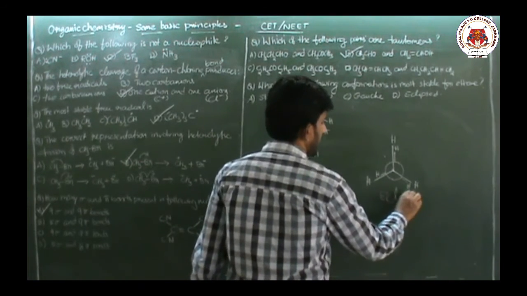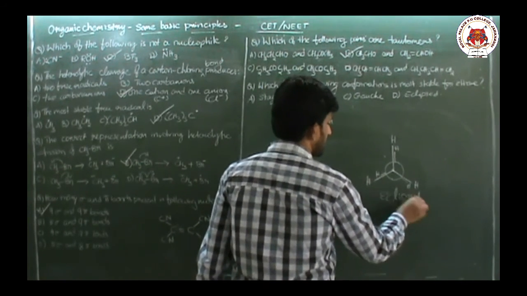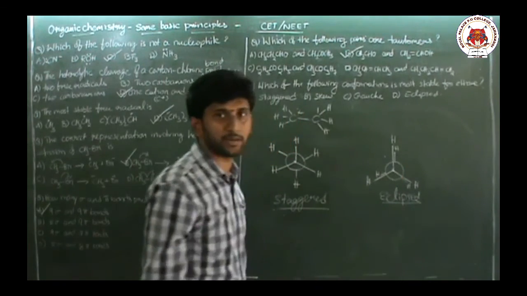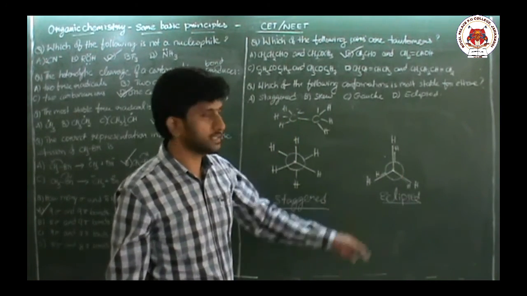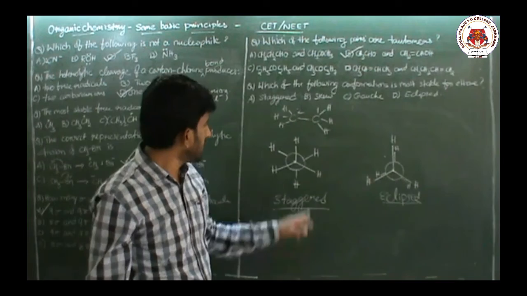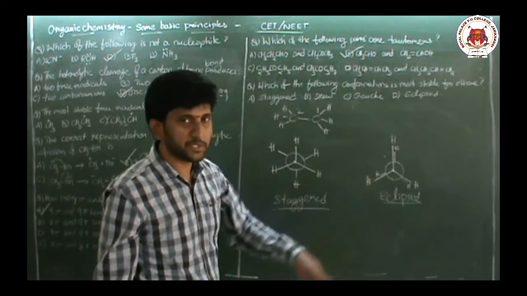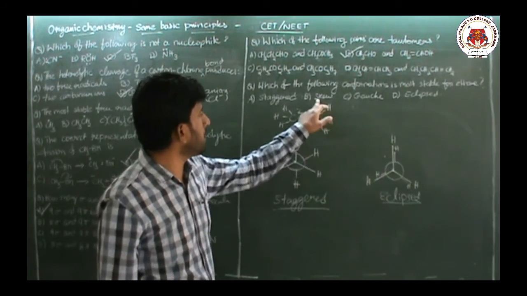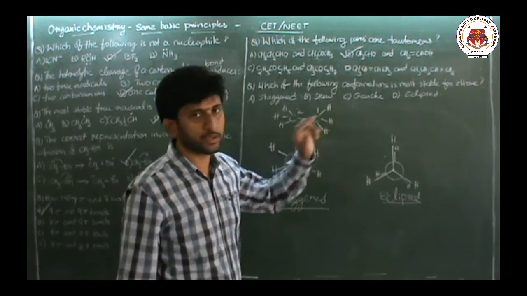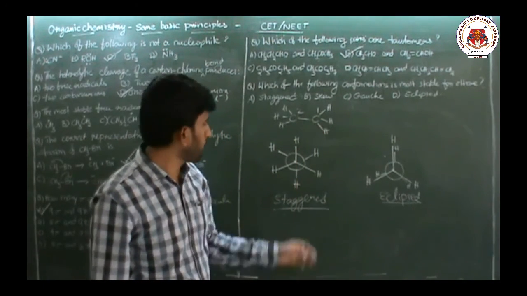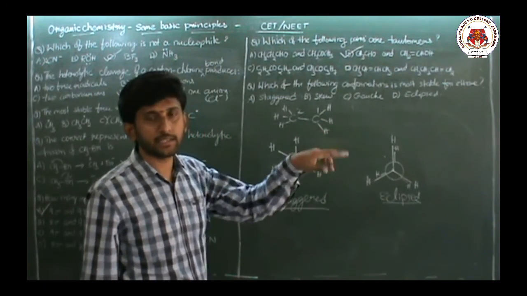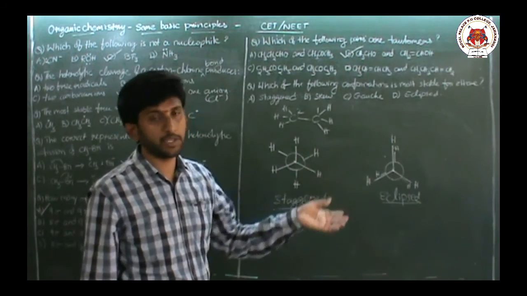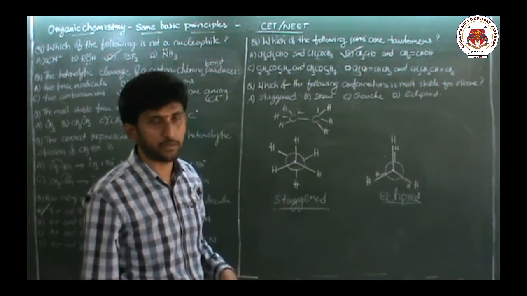Eclipsed means each hydrogen atom is eclipsing the backside hydrogen atom. Other than the staggered and eclipsed conformations, all others are called skew or Gauche conformations, meaning any conformation between 60 degrees and 0 degrees.